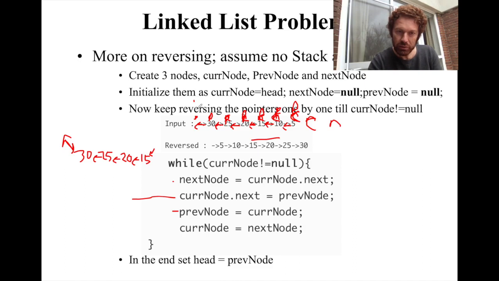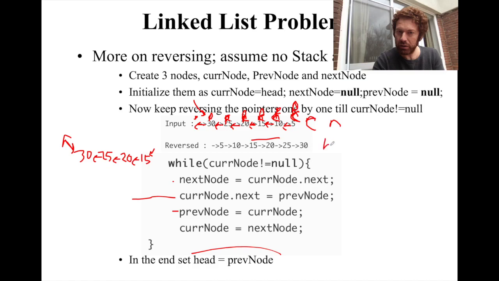Actually, there is a head which still points to 30, but it doesn't make any sense because 30 is at the very end now. So in the end, I need to set head equal to this node, and be careful, I already pointed to this node using prev, because I just shifted one by one, so prev still has that information. So set head equal to prev, which is 5.